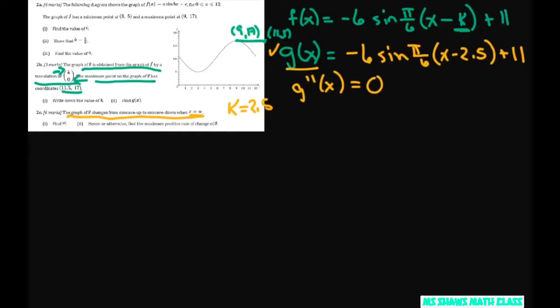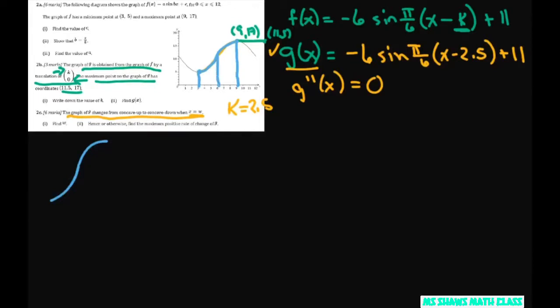But you can also notice, since we're given a graph, that from here to 9, by recognizing the inflection point, we're going from here, and then it inflects, so it's concave up here, then it starts concaving down. This is concave up, then concave down. So we're at 6 here.